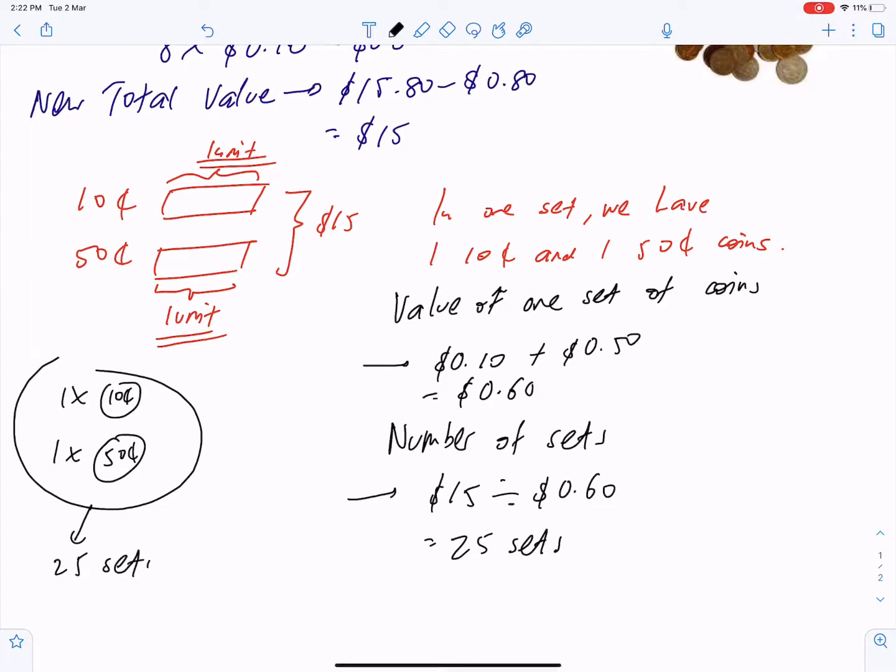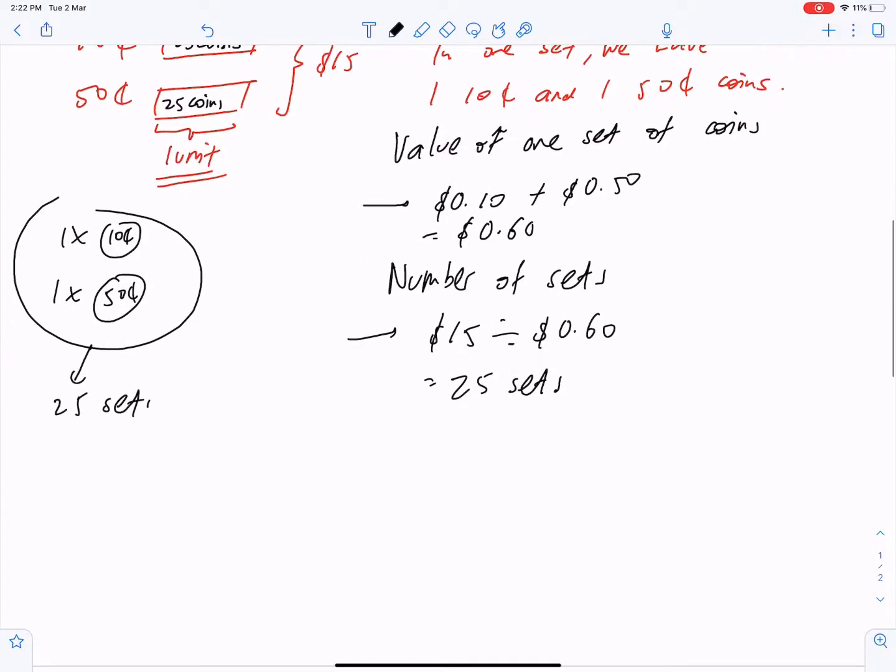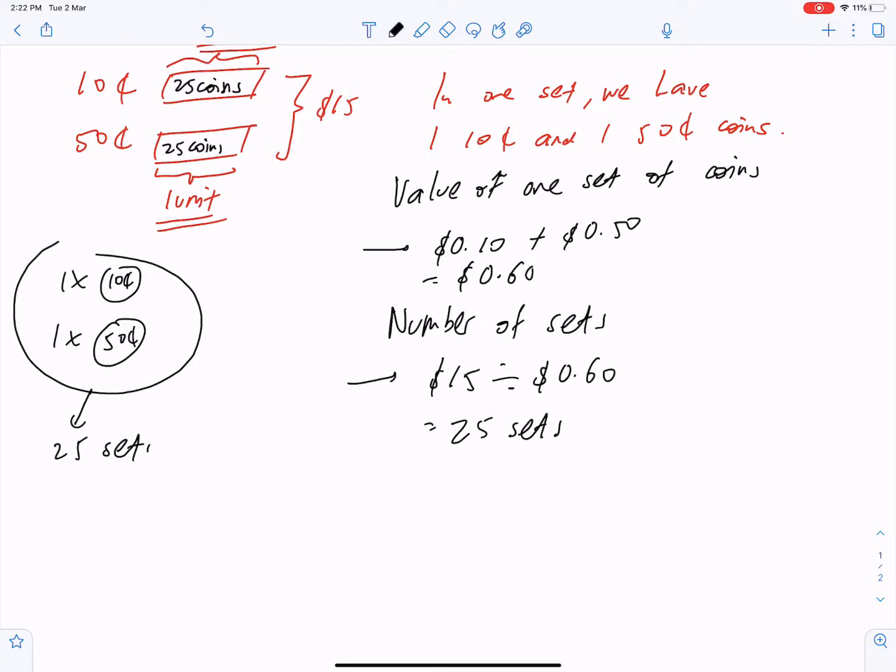Going back to this model, this 1 unit is basically 25 coins. So 25 sets, and in each set I have one 50-cent and one 10-cent coin. So in total, how many coins do I have? 25 times 2.